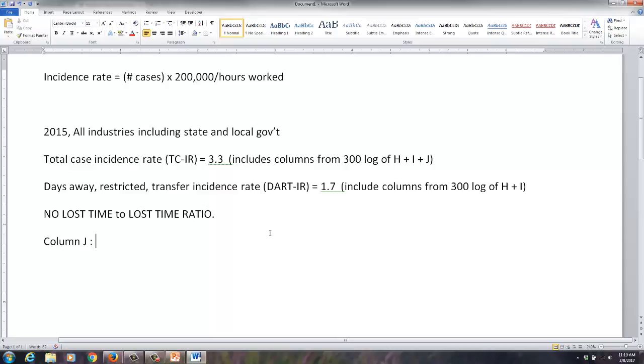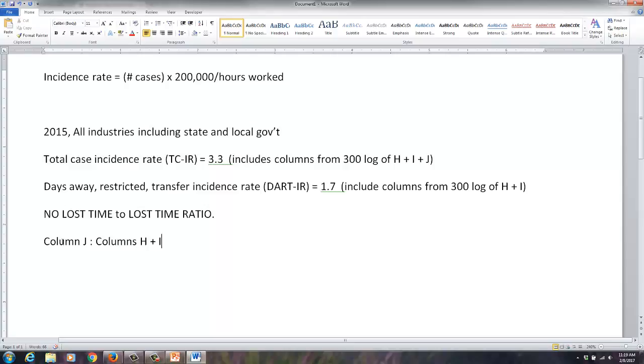And the lost time is columns H and I, because either they had to stay home to recover, or they came back to work and they couldn't do the job. They were injured severe enough that they couldn't do the original job as prescribed.